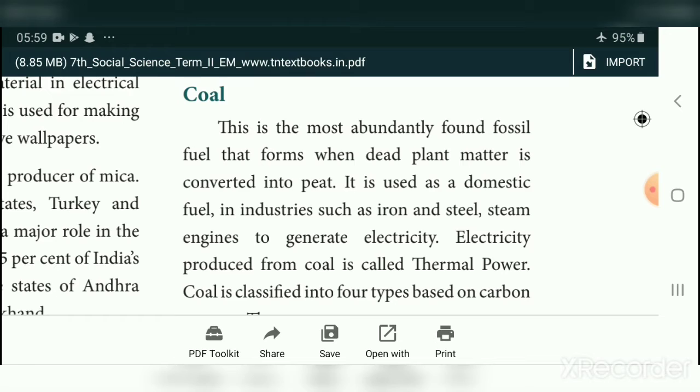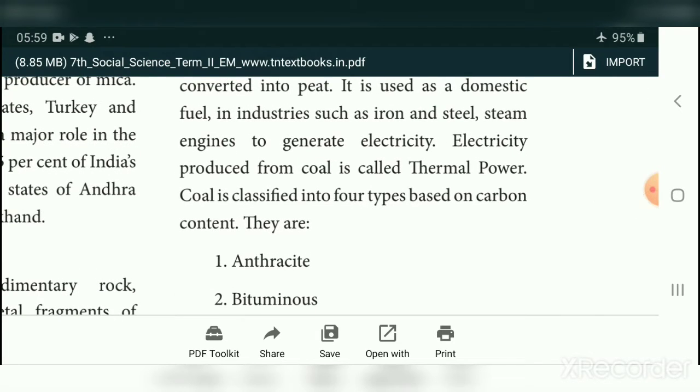Millions of years ago, the decayed plants were converted into peat. It is used as a domestic fuel and in industries such as iron and steel, and steam engines to generate electricity. Electricity produced from coal is called thermal power. Note this one, it will come as a one-word question.